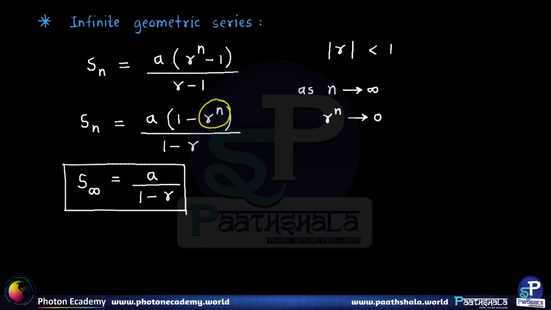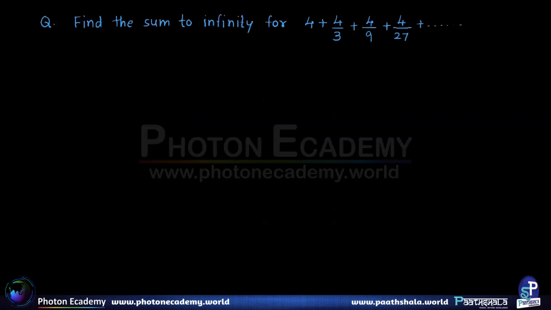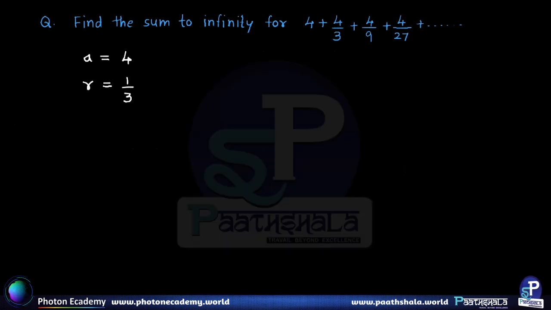Now let us see a few sums based on the infinite series. Here we observe that the first term a is 4, and the second term is 4 by 3, so the common ratio is nothing but 1 by 3, which is apparent from the given terms. Since 1 by 3 is numerically less than 1, the sum of this infinite series is finite.